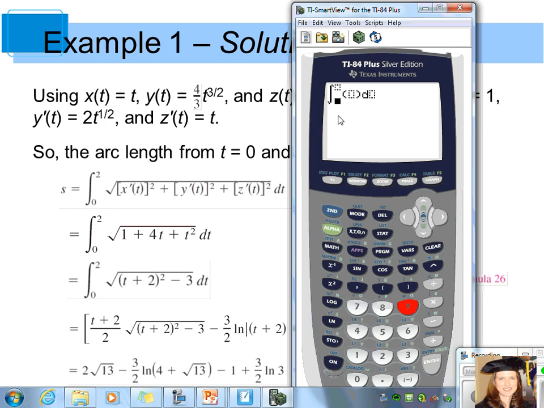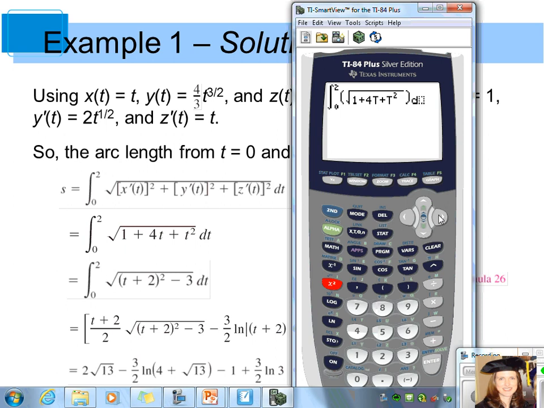If you don't have the updated edition, you would enter the fnInt, and then you would enter the square root of 1 plus 4t plus t squared, putting parentheses in the correct places. Then you would do comma your variable t, comma your lower bound, comma your upper bound. It's a little bit different on the updated models, so you would set your bounds using the arrows, and then I'm going to enter the square root of 1 plus 4t plus t squared.